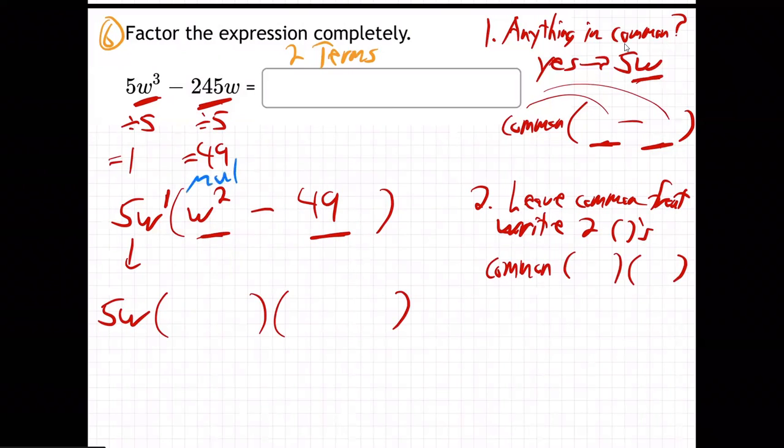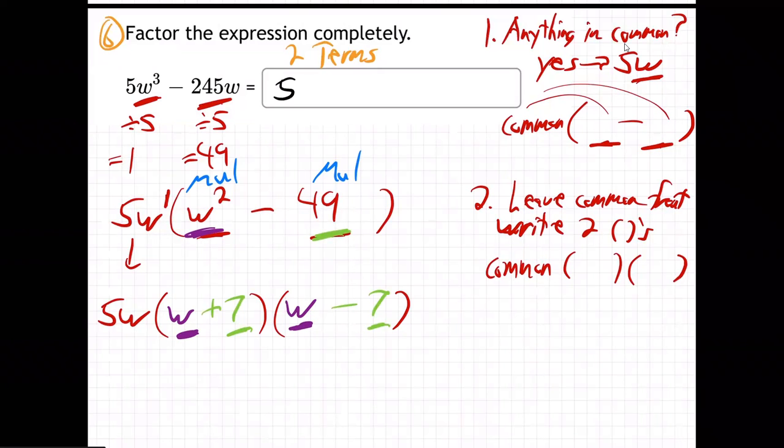Well, remember, multiply. So W, let me change my color here. So front times front to make W squared. That's W times W to make W squared. And then in the back, to make 49, it's going to be 7 times 7. But one's got to be positive and the other negative. And we're done. That's the answer.